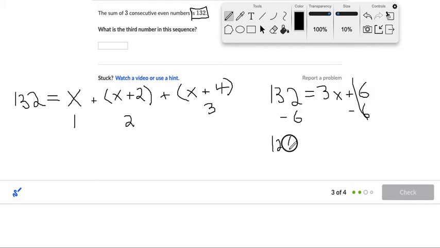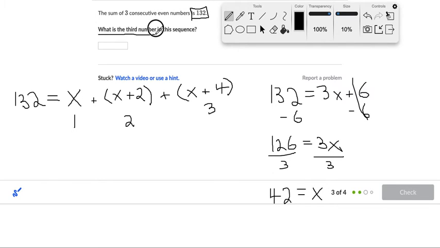Just like that, 126 equals 3x. Divide both sides by 3. And I get 42 equals x. Now let's check the problem to see what they're looking for.